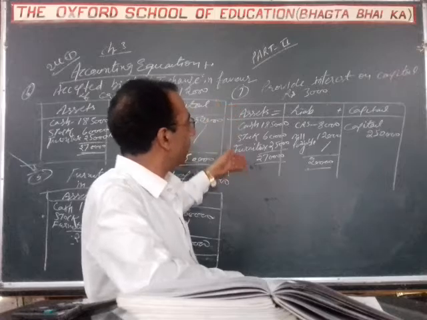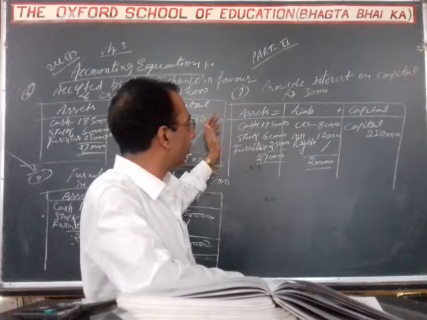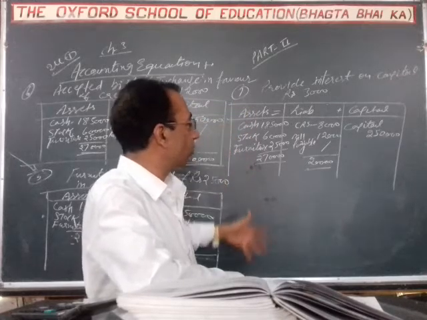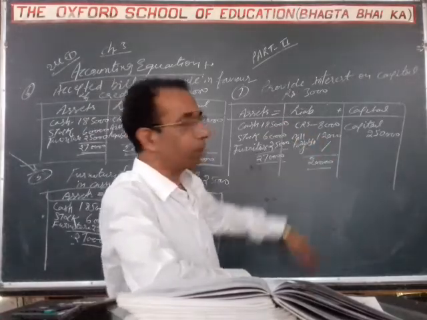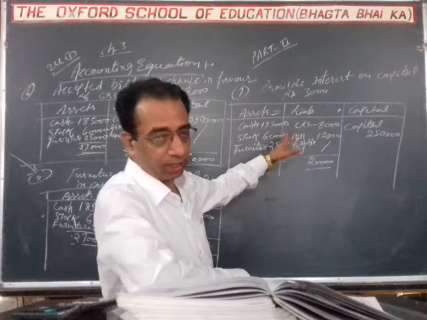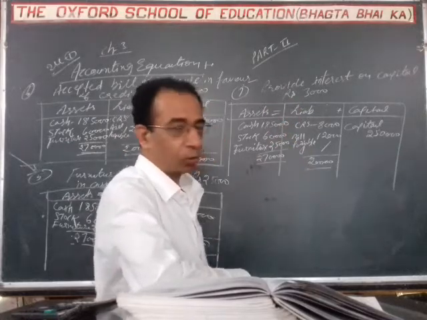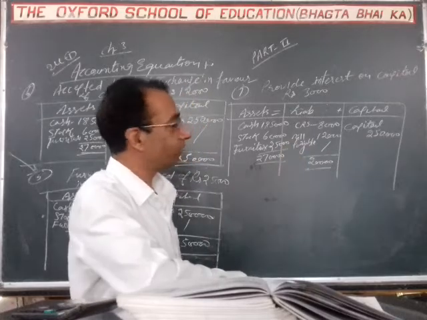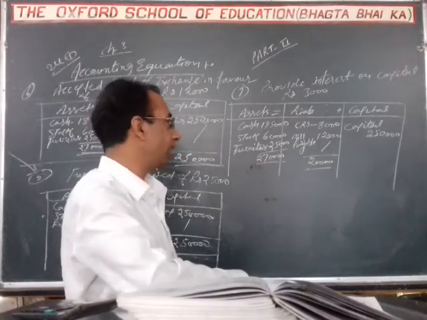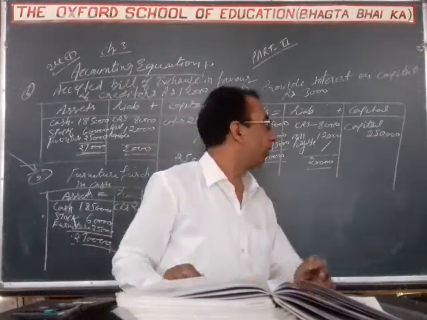So the asset side remains the same: cash 1,85,000, stock 60,000, furniture 25,000. Total of the asset side is 2,70,000. Creditor 8,000, bills payable 12,000. So total of the liability side is 20,000, and when 20,000 is subtracted from 2,70,000, capital is 2,50,000.